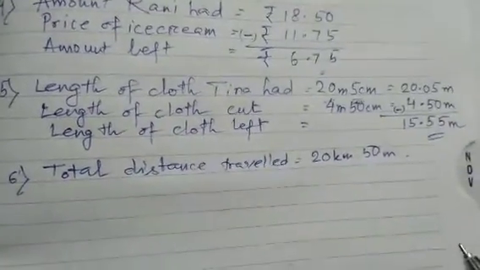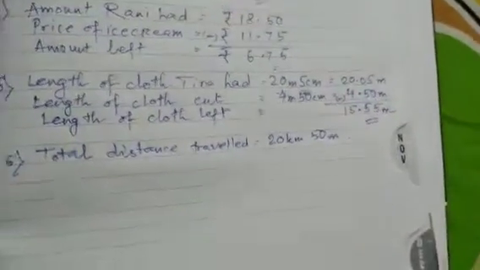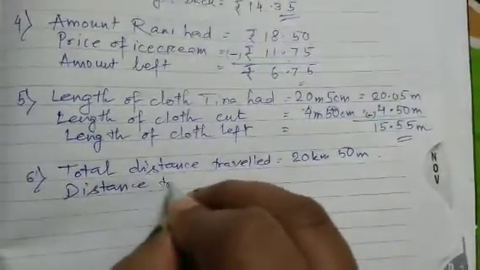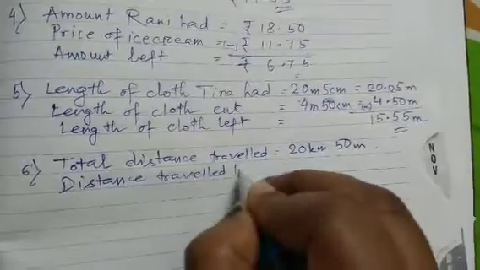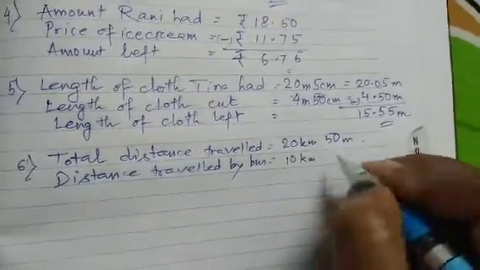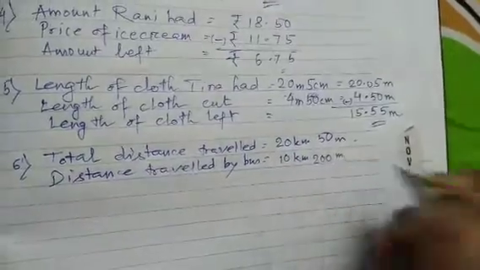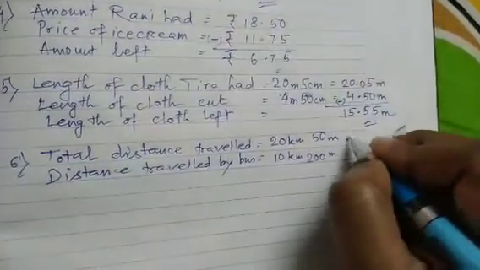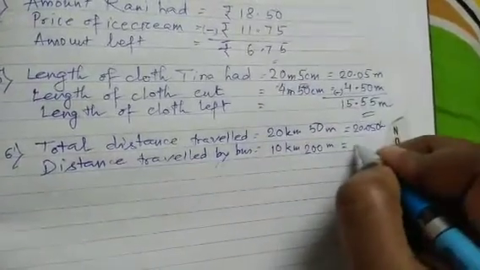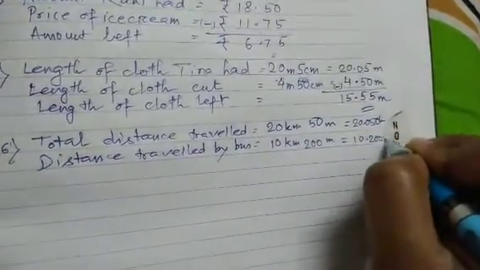Out of this, she travels 10 kilometer 200 meter by bus. So the distance traveled by bus is equal to 10 kilometer 200 meters. And the rest by auto. So, converted, 20.050 kilometer. And this is equal to 10.200 kilometer.